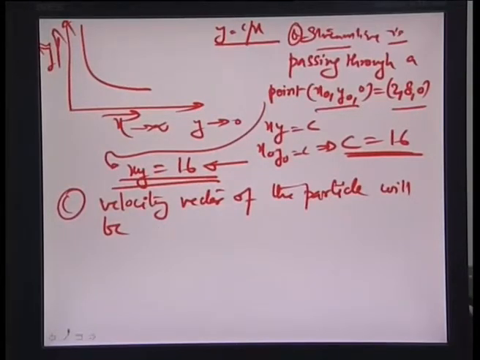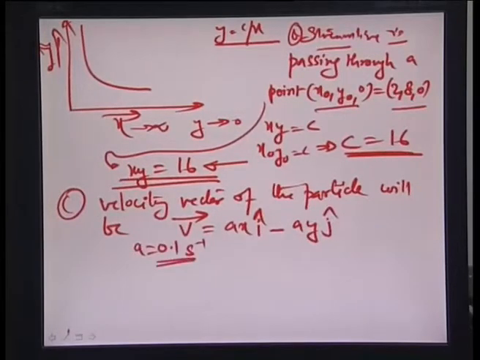So, in this particular case, you can see velocity v was given by ax i cap minus ay j cap, right, where a is 0.1 second inverse and velocity was given in meters per second.